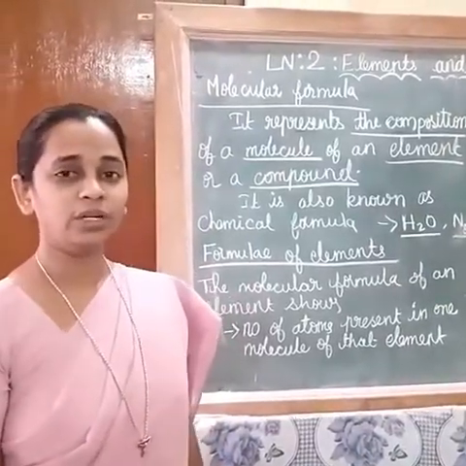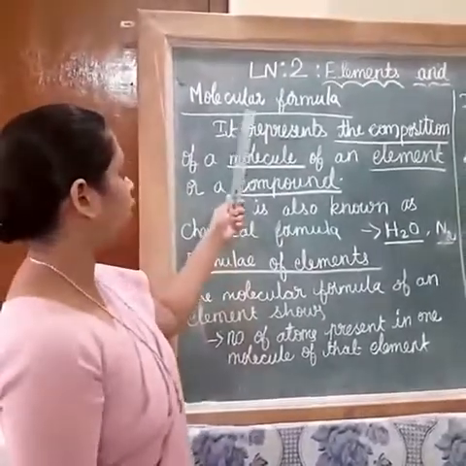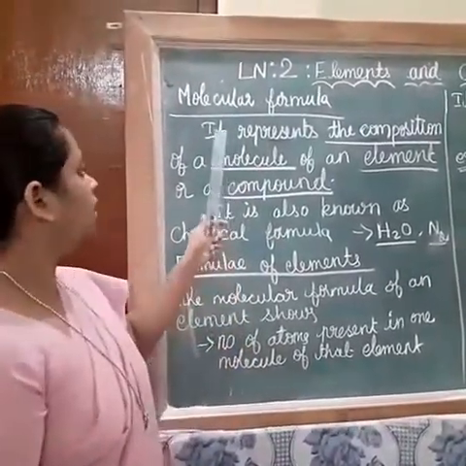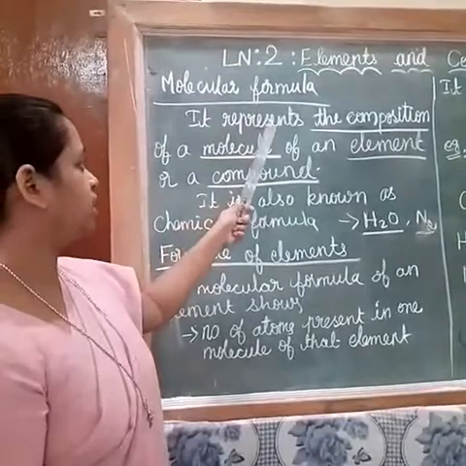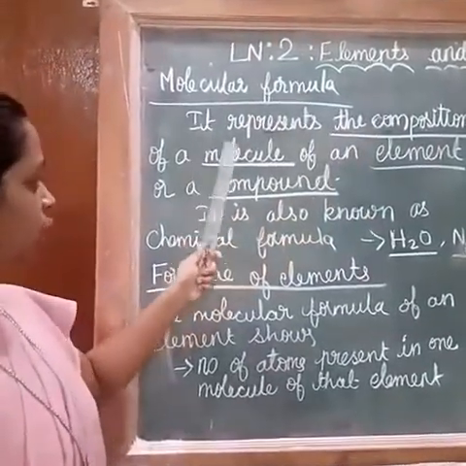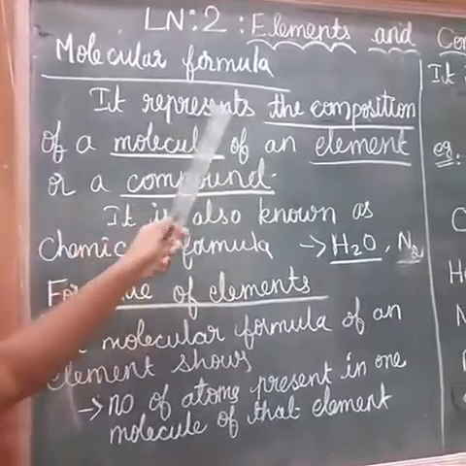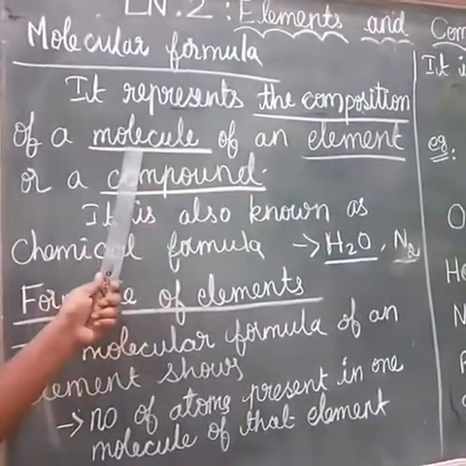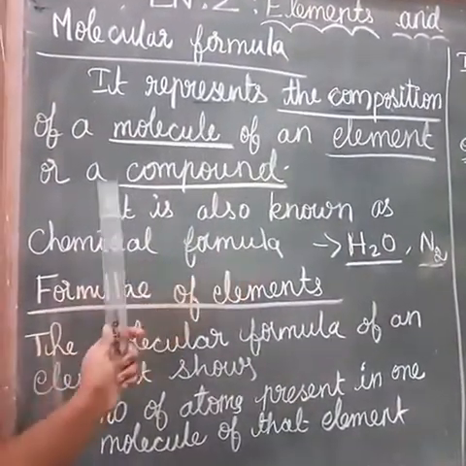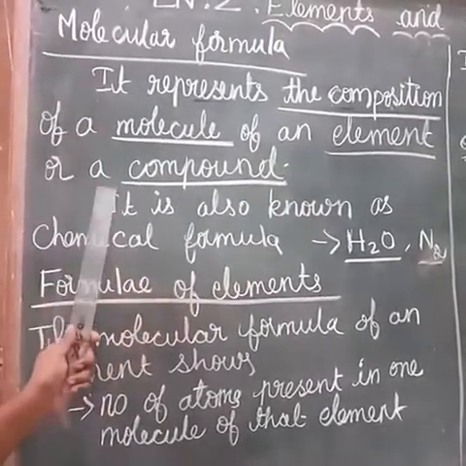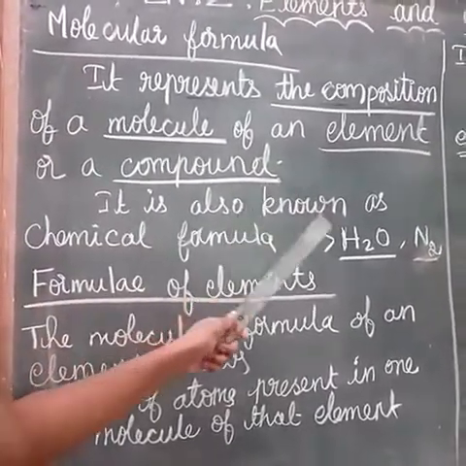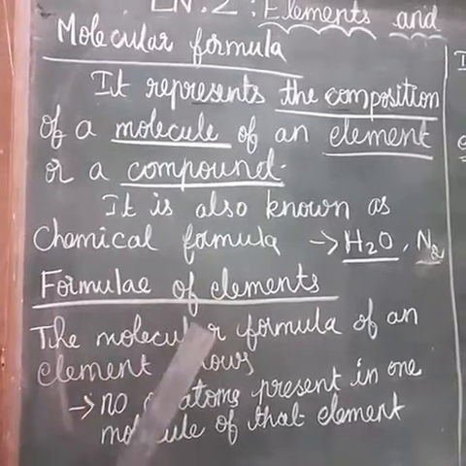Now we are going to discuss molecular formula. Molecular formula represents the composition of a molecule of an element or a compound. Molecular formula is also known as chemical formula.